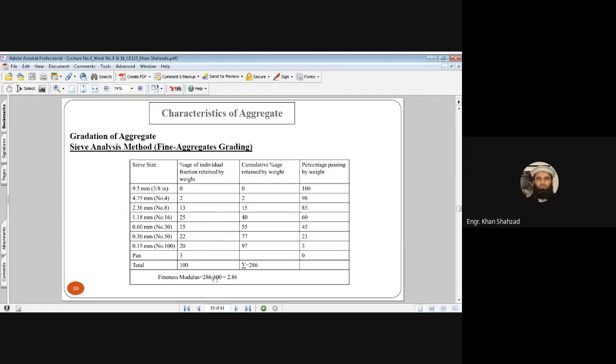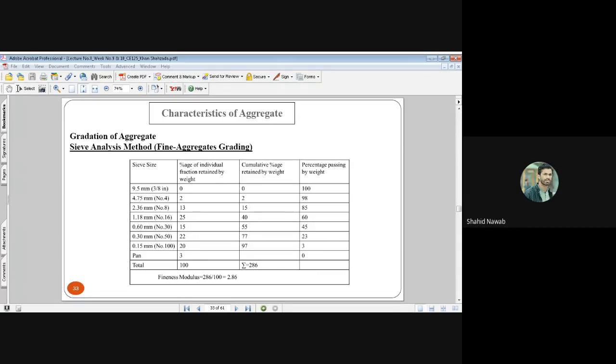Why are we not multiplying it by 100? Speak louder, beta, speak up, well done. Your voice is not coming through, beta, Saadullah, your voice is not audible. Okay, anyone in the class? Anyone in the class?